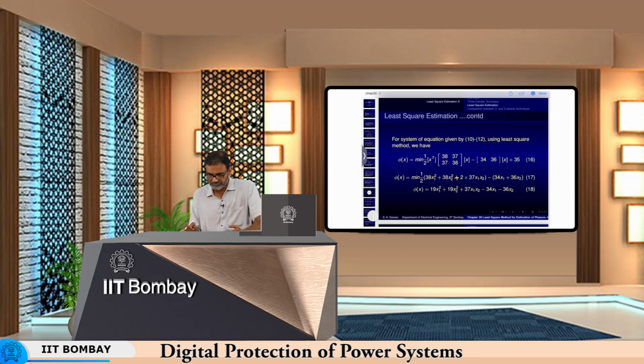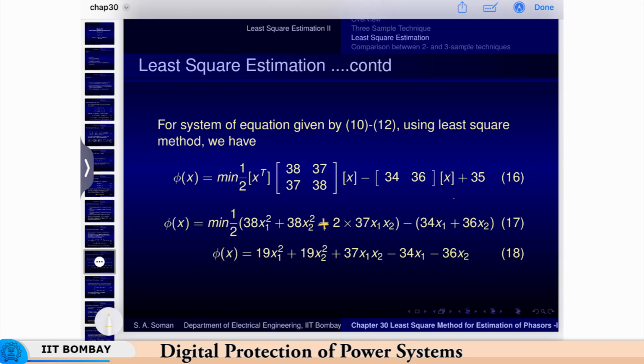If A is full column rank, then A transpose A will be a positive definite matrix. That means all the eigenvalues will be strictly greater than 0.